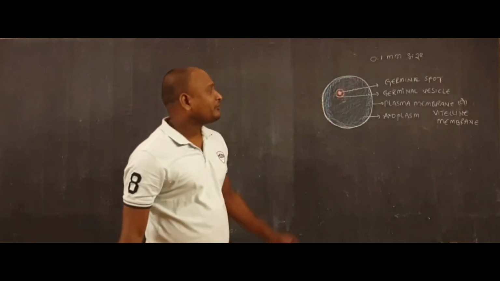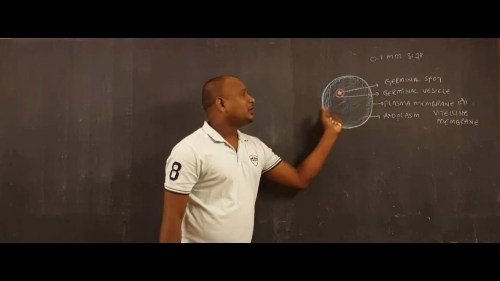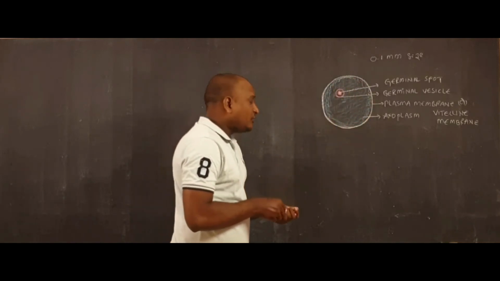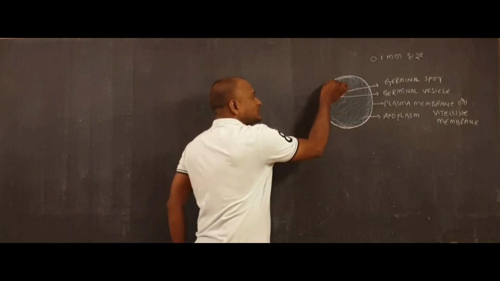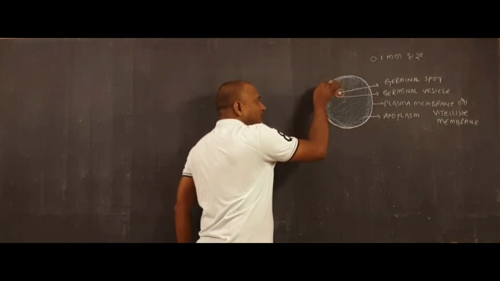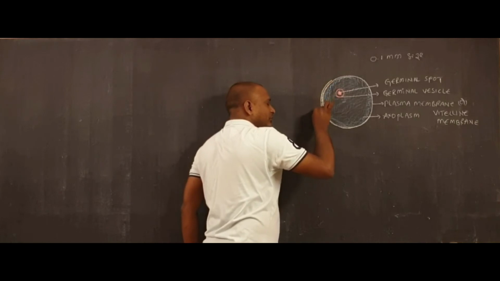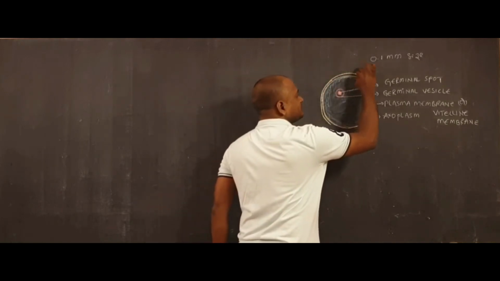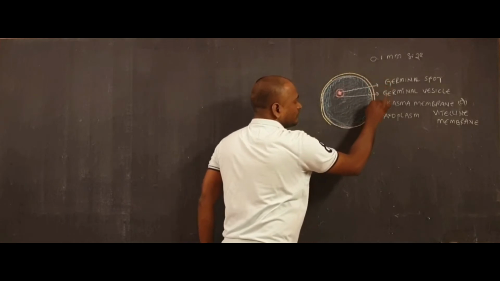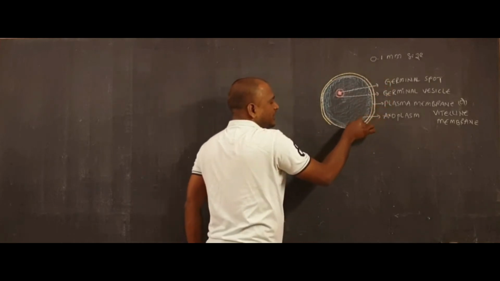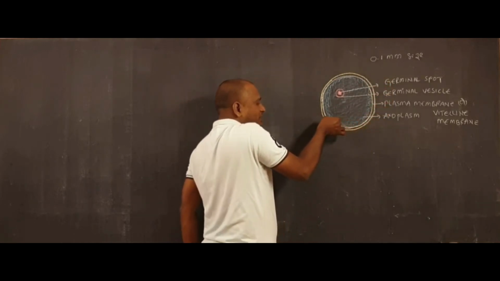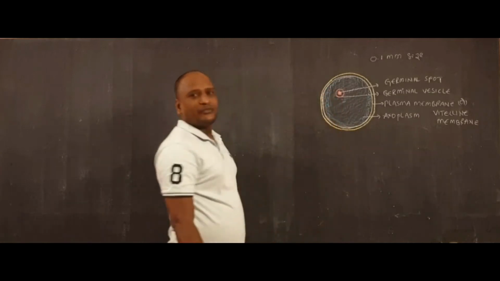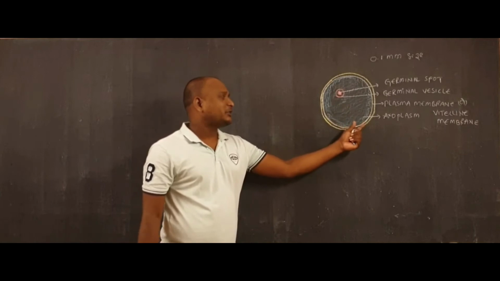When you observe this female egg cell, it is surrounded by one layer outside the plasma membrane, which is made of glycoproteins.